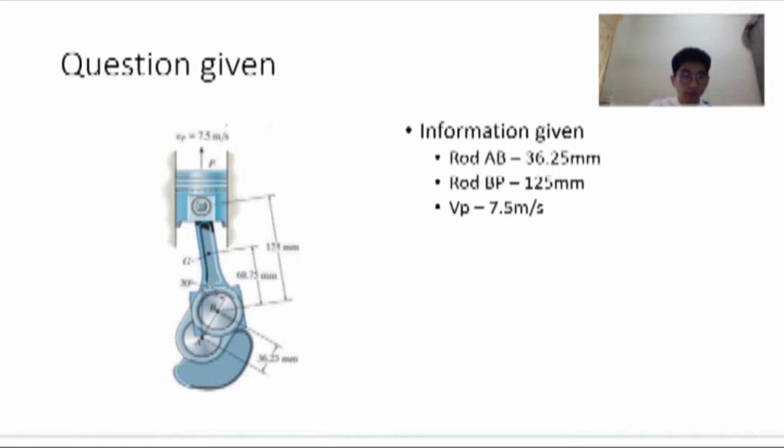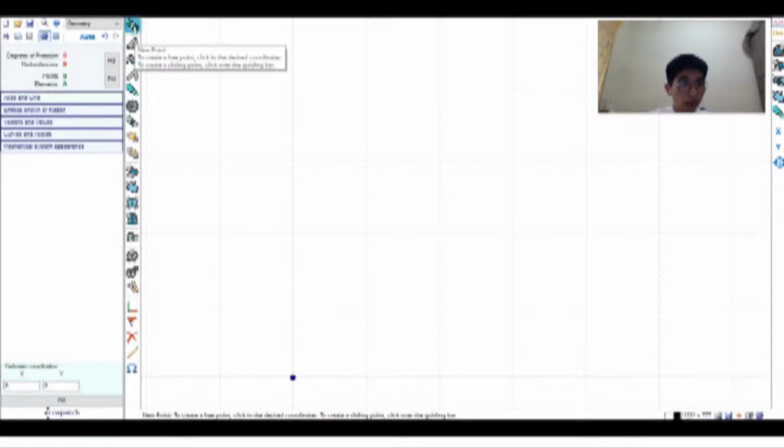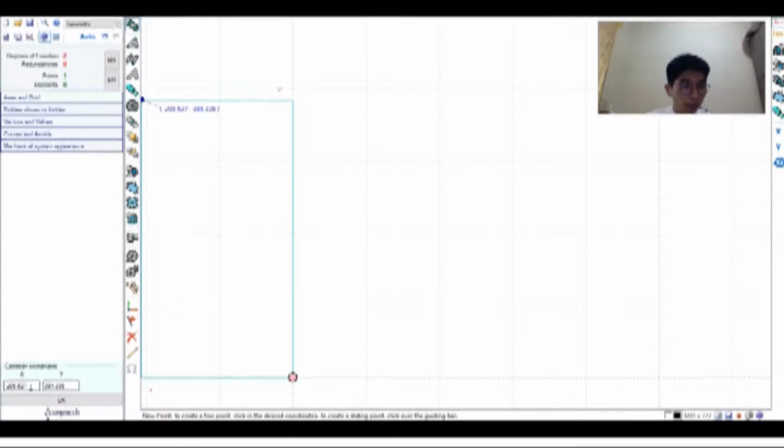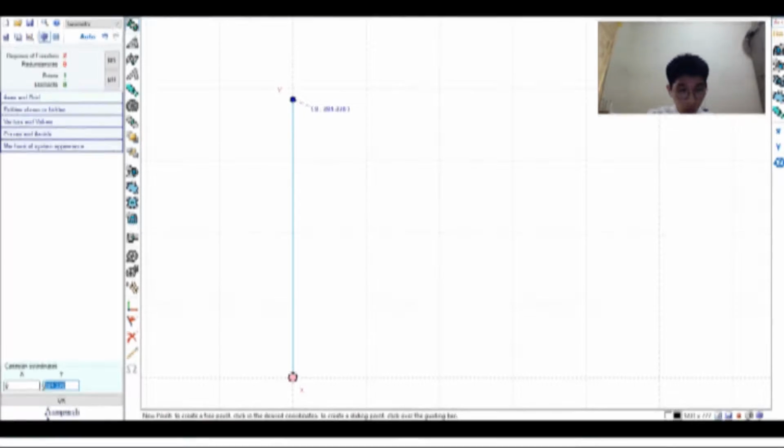So in GIM software, the first point plotted is the origin point. The second point plotted is for the point B, which is 36.25 millimeter.